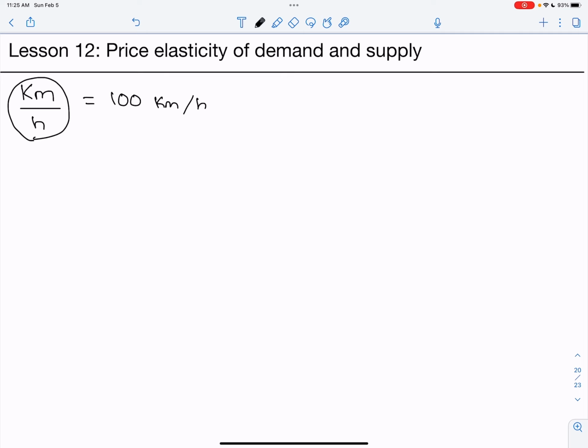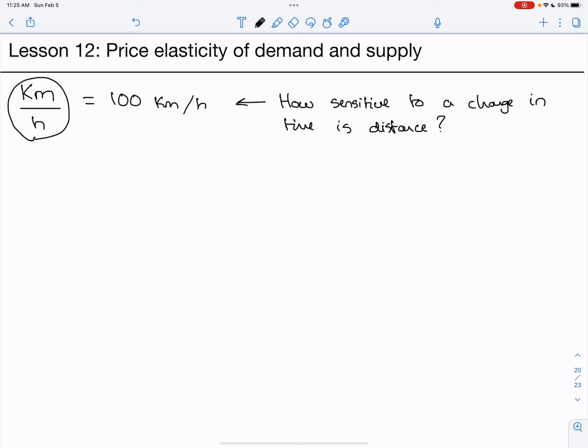Another way of putting this, which will be useful for our purposes, is how sensitive to a change in time is distance.